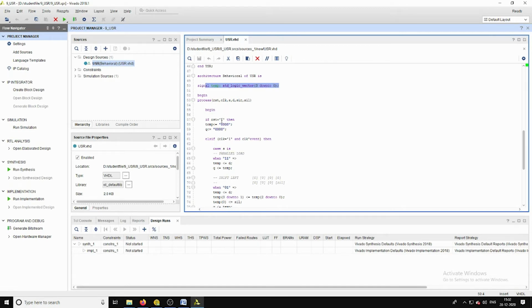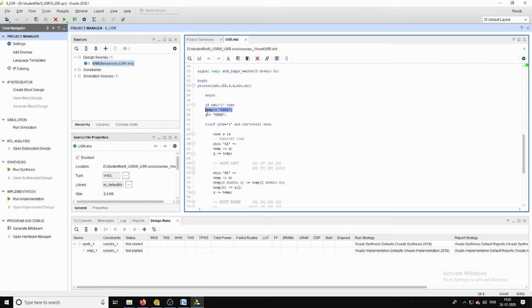That means if reset equal to 1, I am going to assign temporary equal to 4 zeros, and the same temporary signal is assigned to the output signal Q. In all the cases, we are going to store the intermediate output in the temporary signal, from which we are finally transferring it to output signal Q.